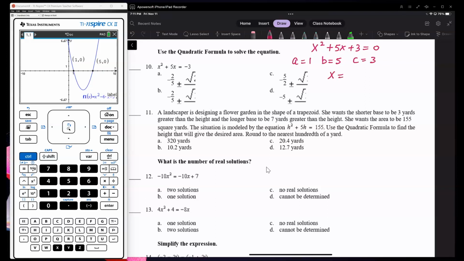The formula is negative b plus or minus the square root of b squared minus 4ac, divided by 2a. The next step is to substitute. So you have negative 5 plus or minus the square root of 5 squared minus 4 times a, in this case 1, times c, which is 3, divided by 2 times a, which is 2.